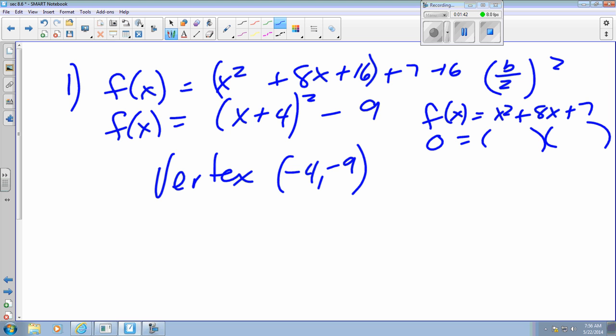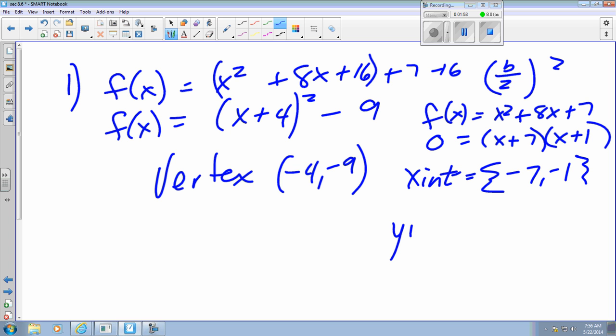I'm going to factor this one because it factors nicely into x plus 7 and x plus 1, giving me my x-intercepts at negative 7 and negative 1. Last thing I want to find is my y-intercept, which we know is going to be 7 on the y-axis.